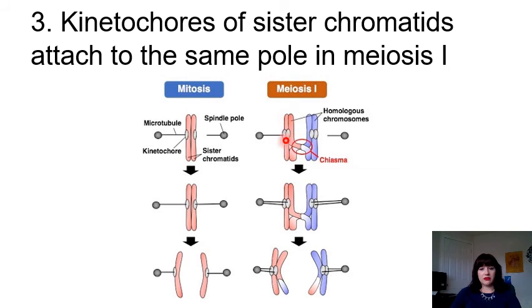The two sister chromatids together will move to one end of the cell, and the other homologous chromosome containing its two sister chromatids will go to the other side. So these kinetochores are attaching to the same pole. These two kinetochores are attaching and moving left. These two kinetochores of this pair of sisters are both being attached to microtubules from the right side. That's how they're able to coordinate separating these pairs of sisters during meiosis 1 rather than splitting them apart as is seen in mitosis.